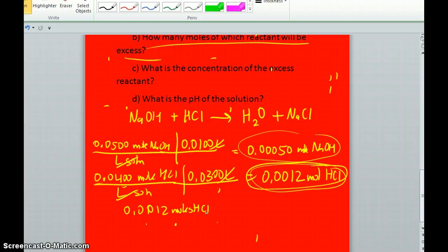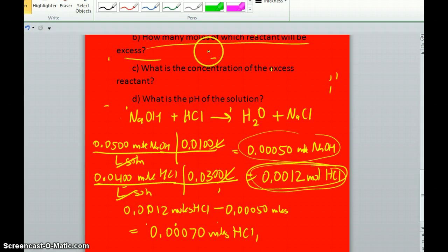Well, without doing a fancy stoichiometric calculation, since it is 1-to-1, and I use all 0.0005 moles of sodium hydroxide, I will also use an equal amount, 0.0005 moles of my acid will be used, leaving me with 0.00070 moles of excess acid.